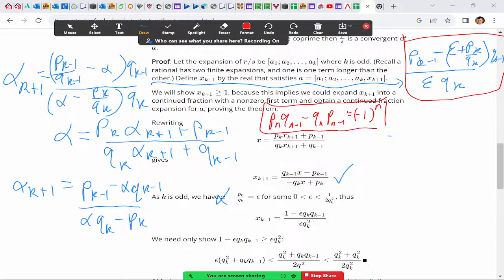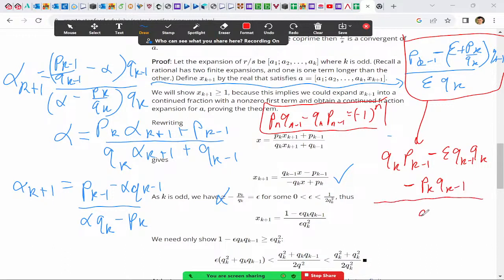If you don't remember that, assume it, because that's going to come up. So you multiply top and bottom by q_k, and you get q_k p_{k-1} minus epsilon q_{k-1} q_k minus p_k q_{k-1}, all over epsilon q_k squared, right?